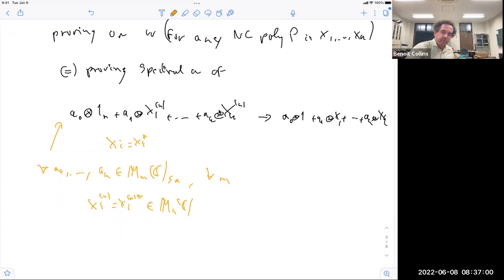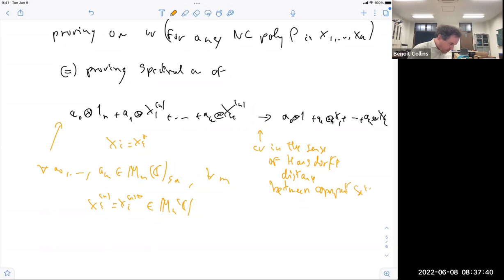The convergence here means that I have a spectrum, which is the set of lambdas for which lambda minus this is not invertible, and it means convergence in the sense of Hausdorff distance, the distance between compact sets.